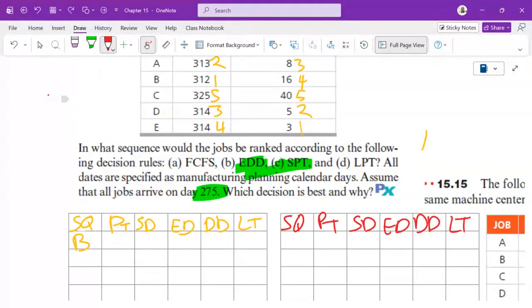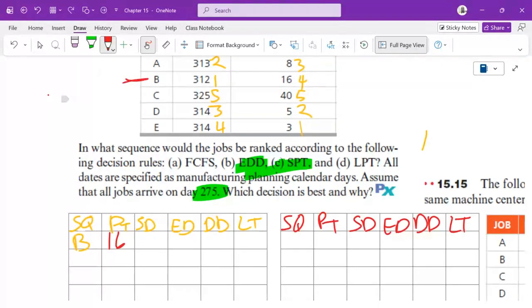Now B, write everything at B, which is 16.